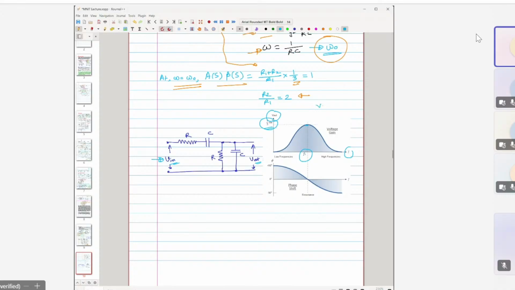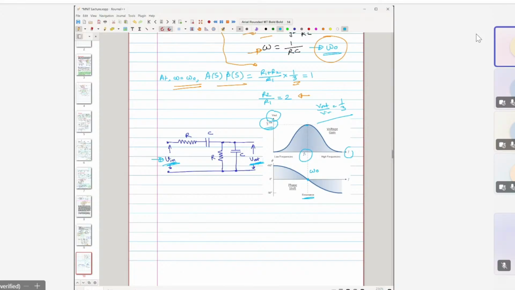Then what is the gain? V out by V in is 1/3. So the attenuation of this circuit would be equal to 1/3, right? And what is the phase shift here? You see the phase between V in and V out for this network at this resonant frequency, omega naught, is becoming equal to 0.